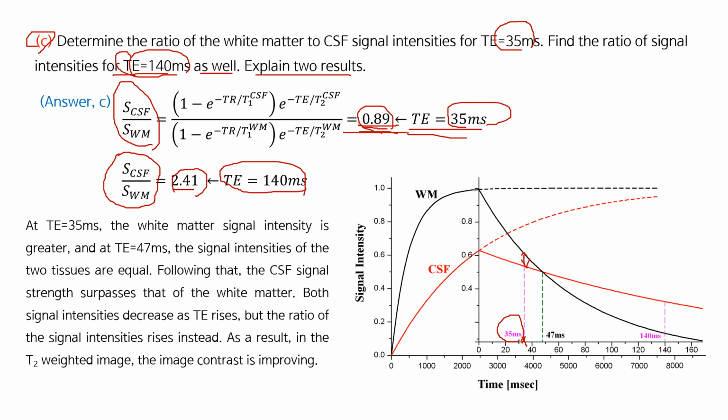So this is much larger than that, right? That means that at this time we can have a more contrasted image, because the signal intensities are quite different here than here.